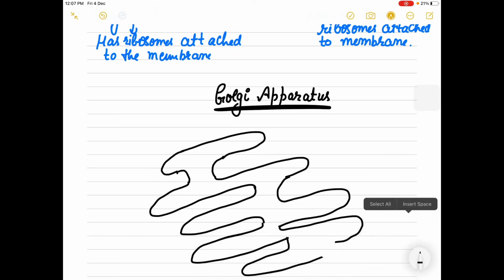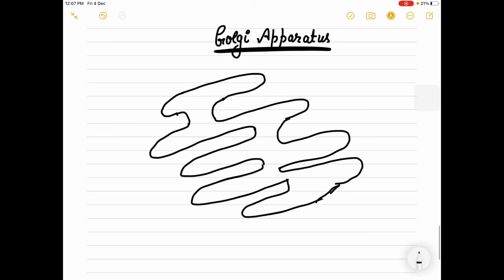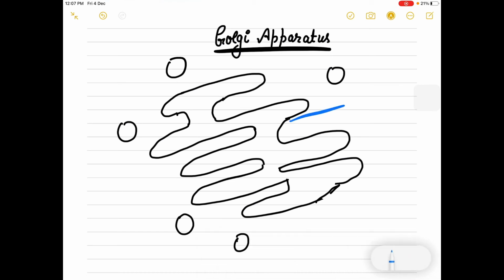That is our Golgi network, right? Now there are vesicles around it. These are the vesicles present, and this network is known as cisternae. This is known as cisternae, and these are the vacuoles.